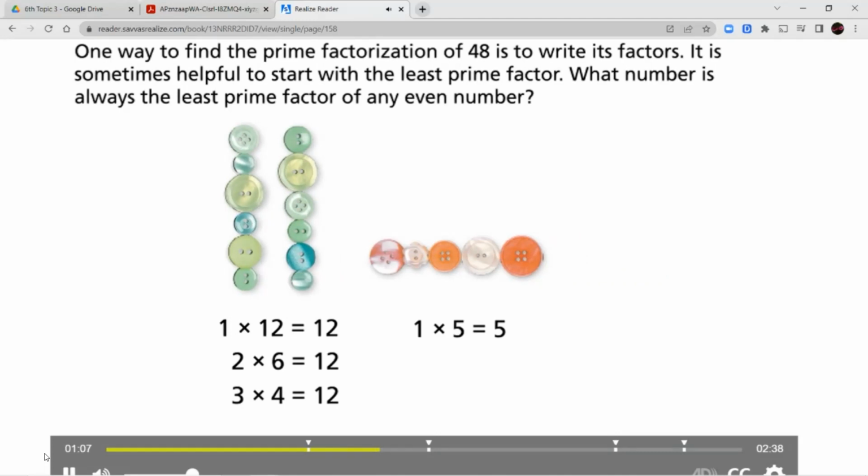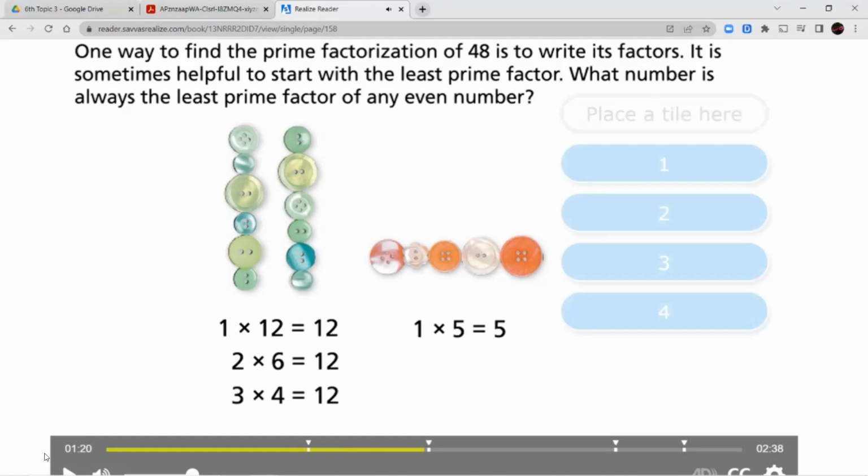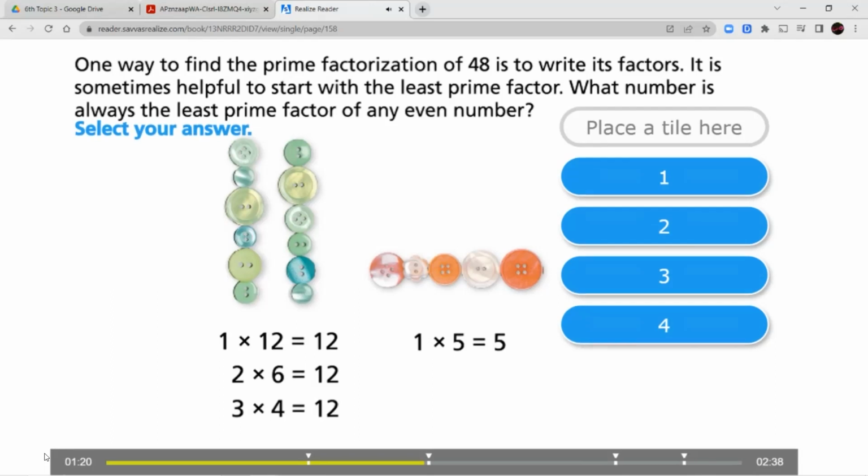One way to find the prime factorization of 48 is to write its factors. It is sometimes helpful to start with the least prime factor. What number is always the least prime factor of any even number? Select your answer.